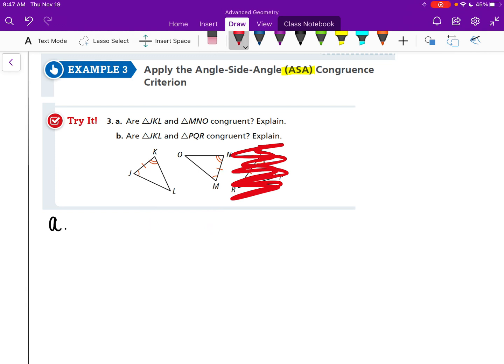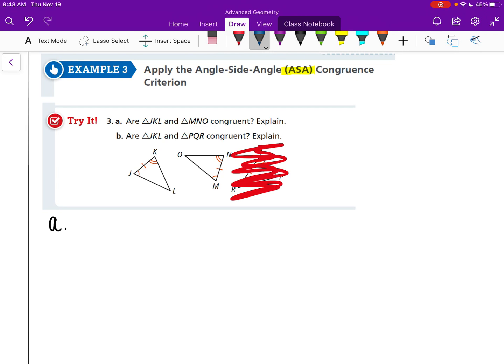We have an angle, an included side, and then another angle in both of them. And that's exactly what angle, side, angle is: a side sandwiched between 2 angles. That theorem tells us that if we know those angles and sides are congruent, then the triangles must be congruent.